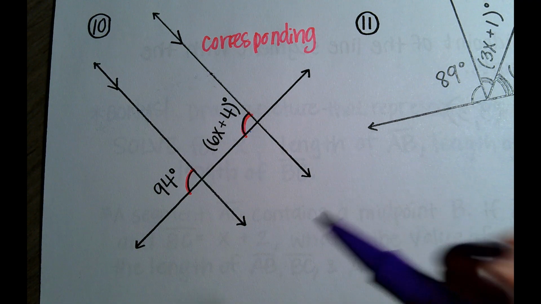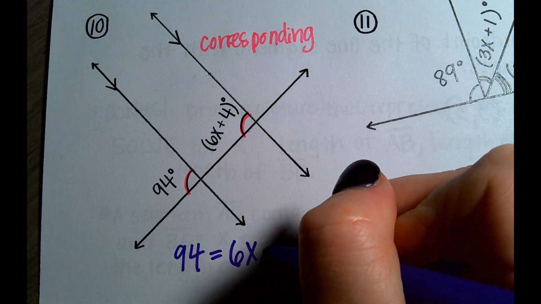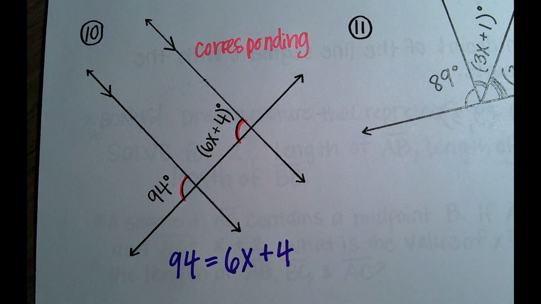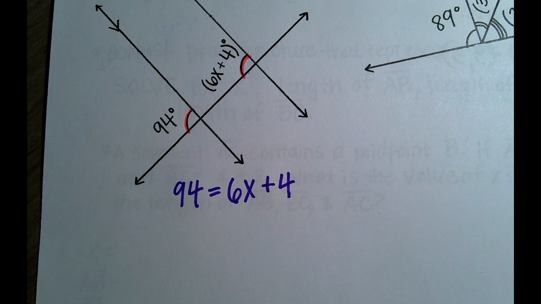94 equals 6x plus 4, or vice versa. Good. 94 equals 6x plus 4. You could also do 6x plus 4 equals 94. And where do I go from here?